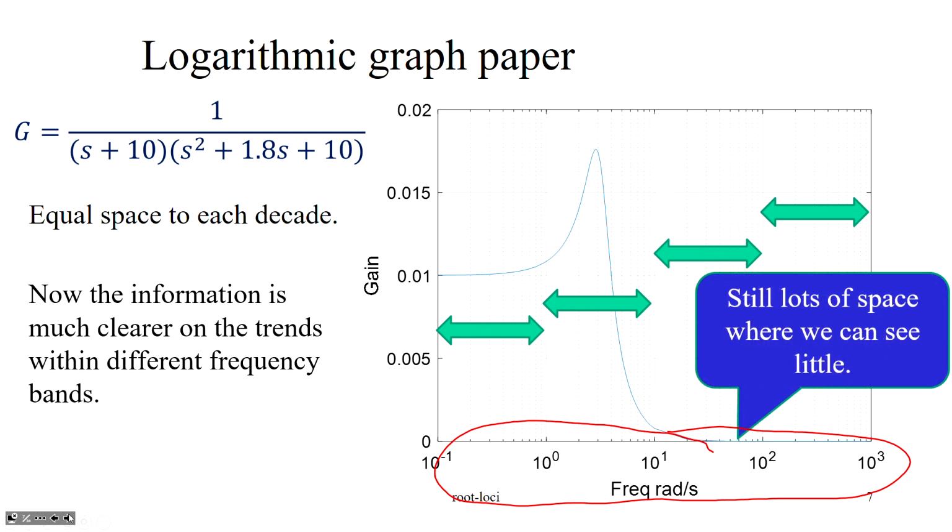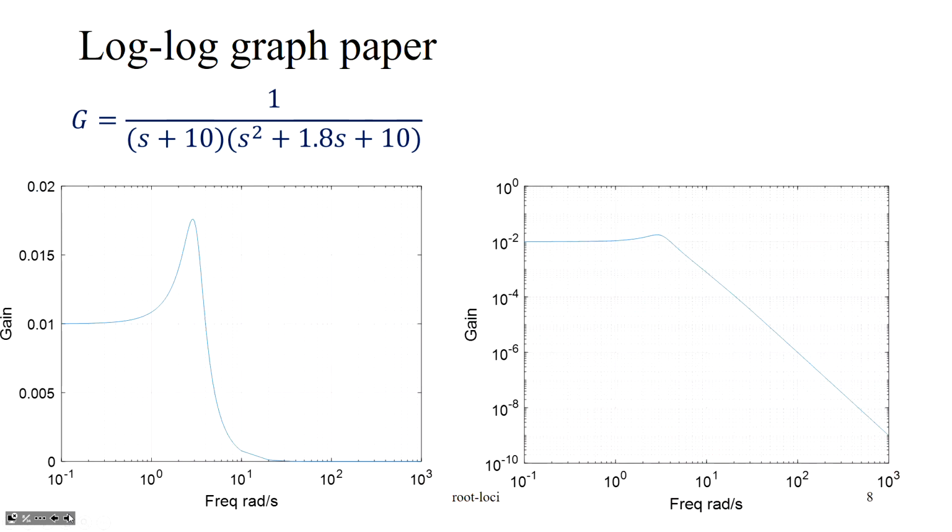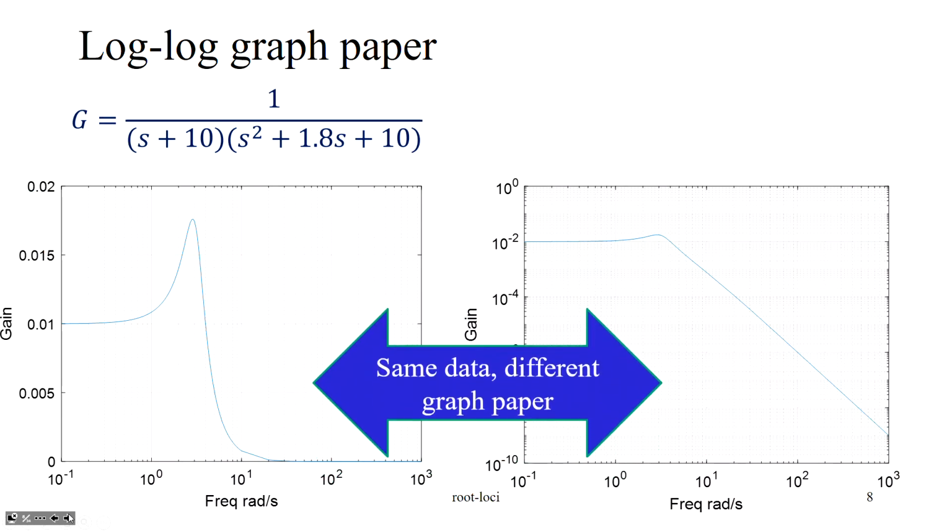However, there's still a weakness here. There's still not a lot we can see in the higher frequency range. It just looks like a flat graph. What if we try log-log graph paper? So you'll see here, I've got the same data, but different graph paper.